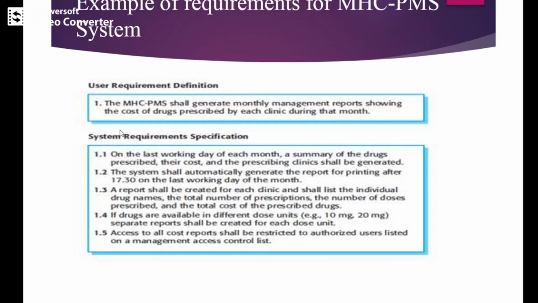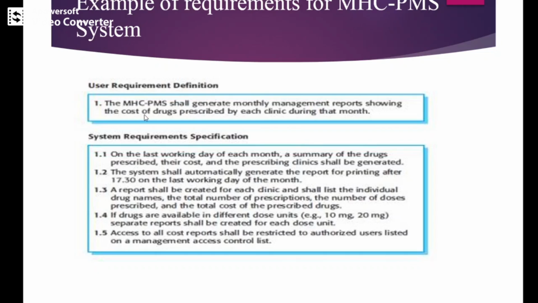Okay, now we'll come to the system requirement. When I'm specifying it, you look at the user requirement. This user requirement only I will elaborate, because a system requirement is nothing but a detailed description in a structured format. Structured format means, can you see here, it is 1.1, 1.2, 1.3, 1.4, 1.5. It goes like that.